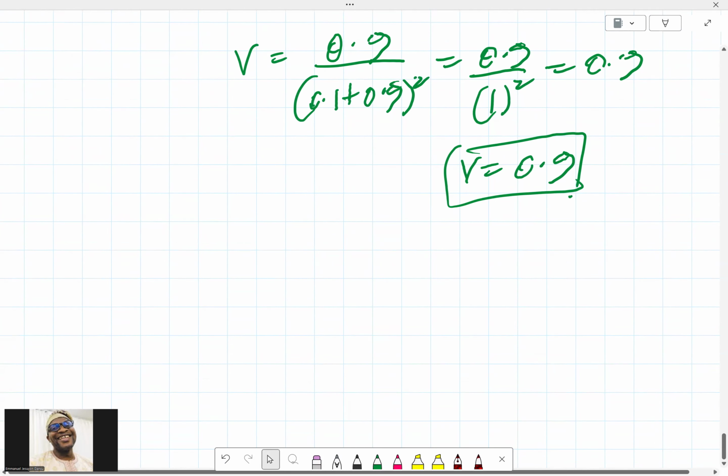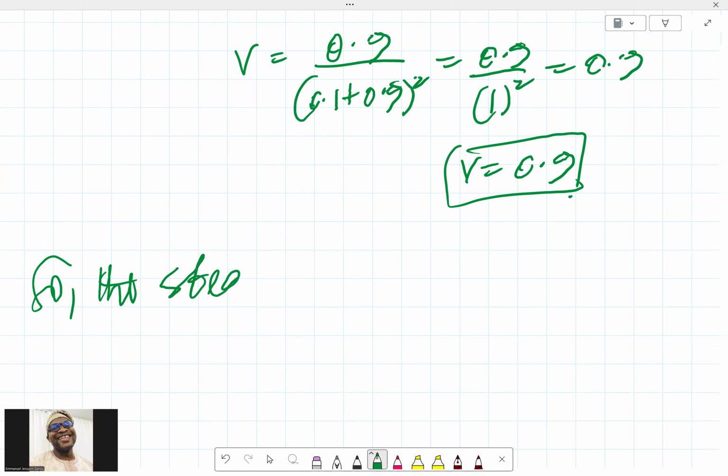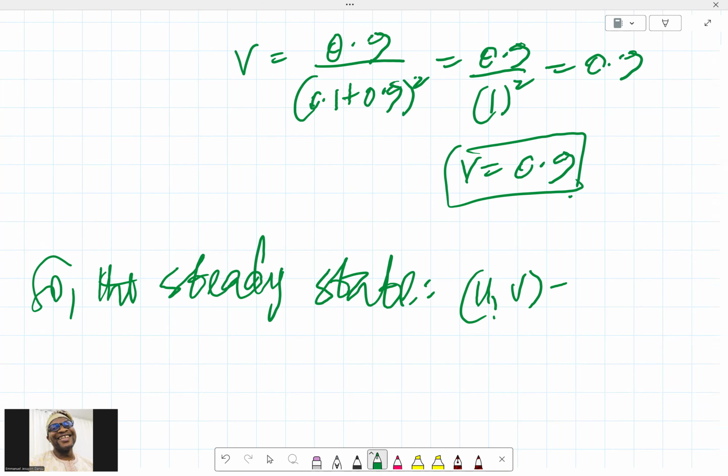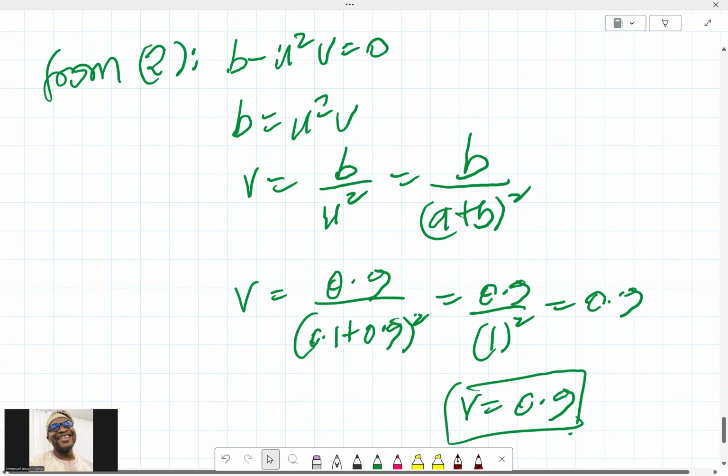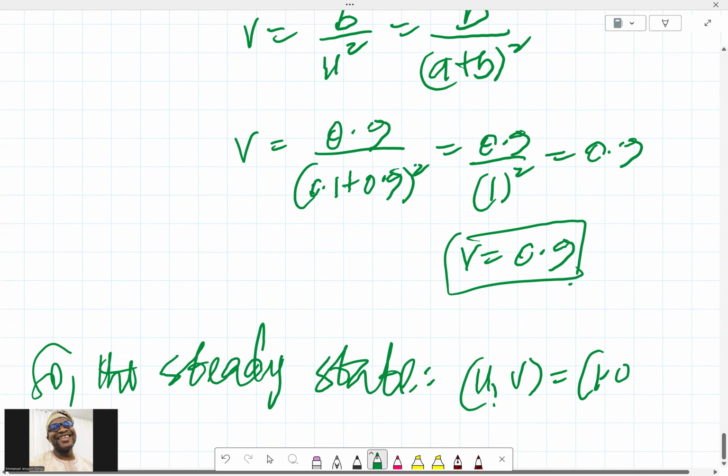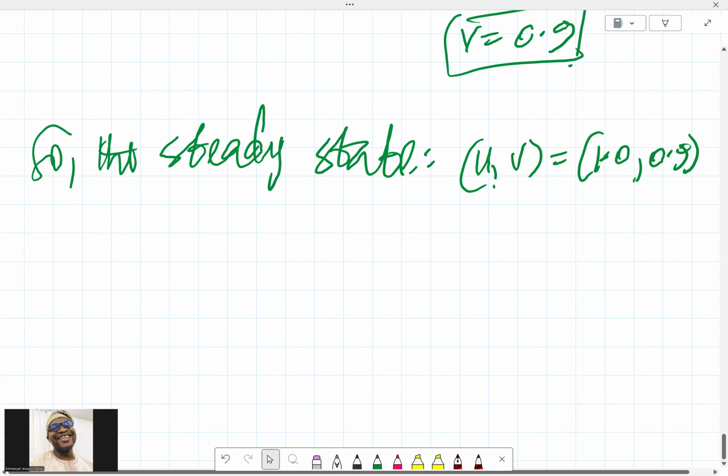So the steady state is such that you have u, v equals 1.0, 0.9. That's a steady state. What else do we do?